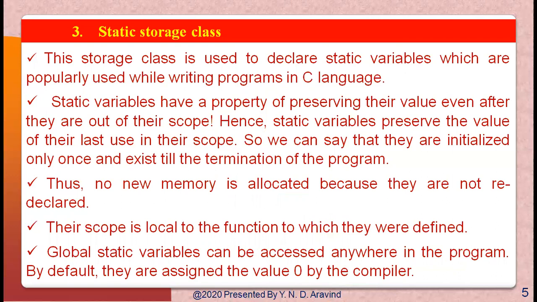The format for specifying static variables is: static data type variable1, variable2, and so on, variable n. These static variables, which are declared inside a function, are allocated memory when the function begins its compilation and remain alive throughout the execution of the program. But they are local to the function only.